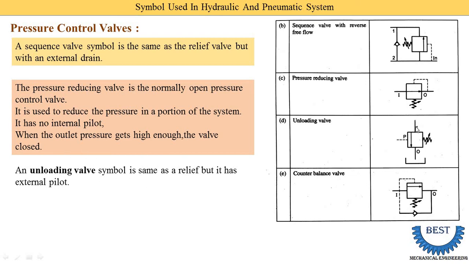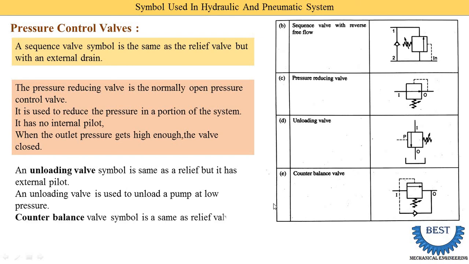Here you see it is the same: the input, square, arrow, output, spring loaded, but one external drain is provided in an unloading valve. Why is the external port provided? Because of emptying the pump. So the unloading valve is used to unload a pump at low pressure. When the low pressure is achieved in the pump, at that time we need to empty the pump. It is called the unload of a pump.